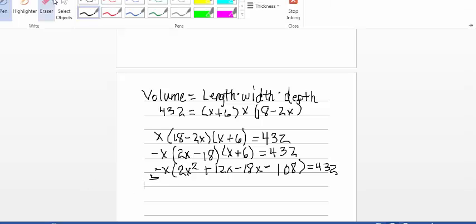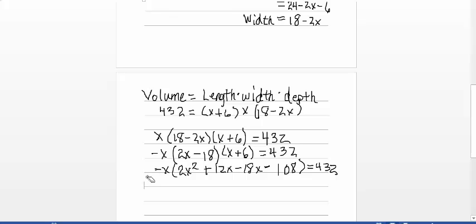All right, when we use the distributive property to multiply 2x minus 18 times x plus 6, we get 2x squared plus 12x minus 18x minus 108. And let's distribute the negative x to get negative 2x cubed minus 12x squared plus 18x squared plus 108x equals 432.